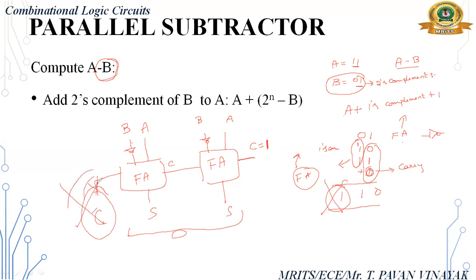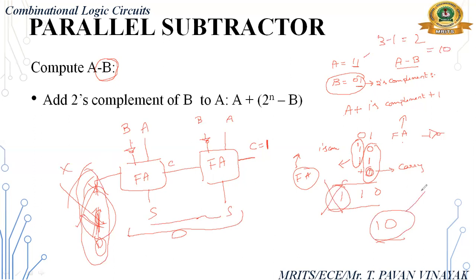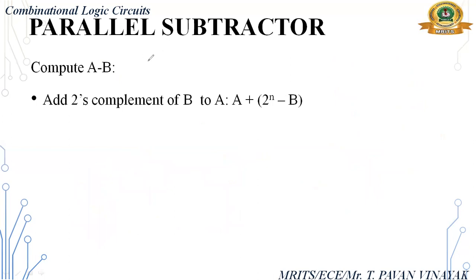So don't give a connection, which means don't observe this output. Whether the bulb is 1 or 0, don't consider this carry output. Just observe only the sum outputs. So 1 0. A is 3, 3 minus 1 is 2. The binary value of 2 is 1 0. Do we get it or not? Yes, we get it. So this is the parallel subtractor using 2's complement.